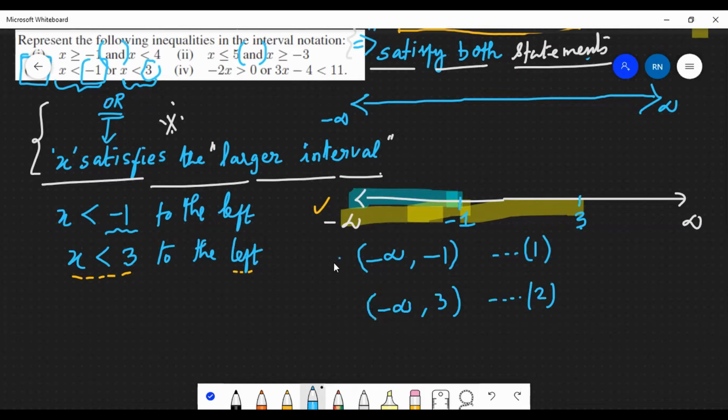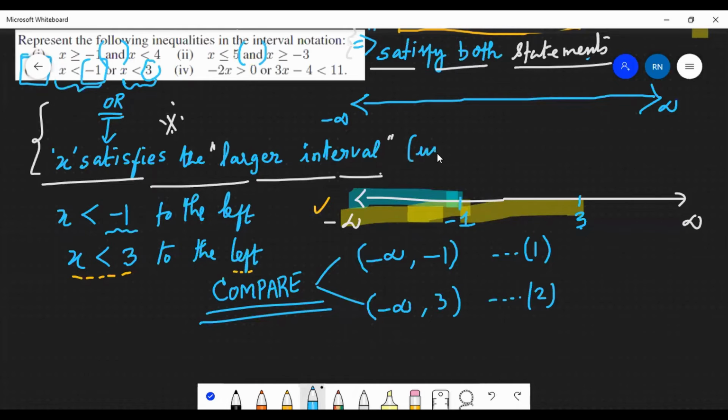Now compare both intervals. Which one is the larger interval, including more numbers in it? Can you mention which one is the larger interval? Minus infinity comma 3. Yeah, very good. So it includes more numbers in the interval.